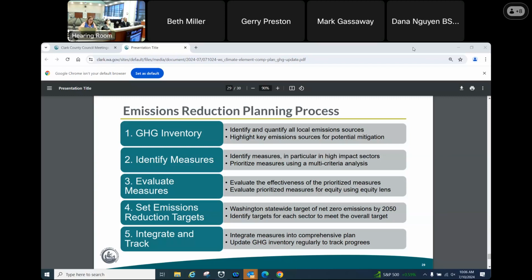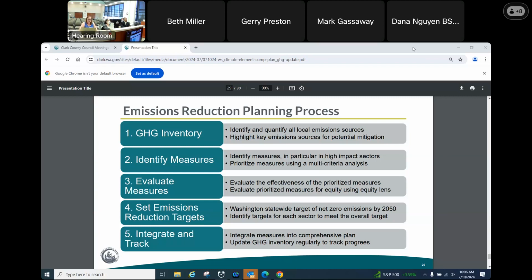So we'll identify those measures, go through a prioritization process with the Community Advisory Group and the Environmental Justice Coalition. And then our teams will be evaluating the effectiveness of the prioritized measures among multiple criteria.